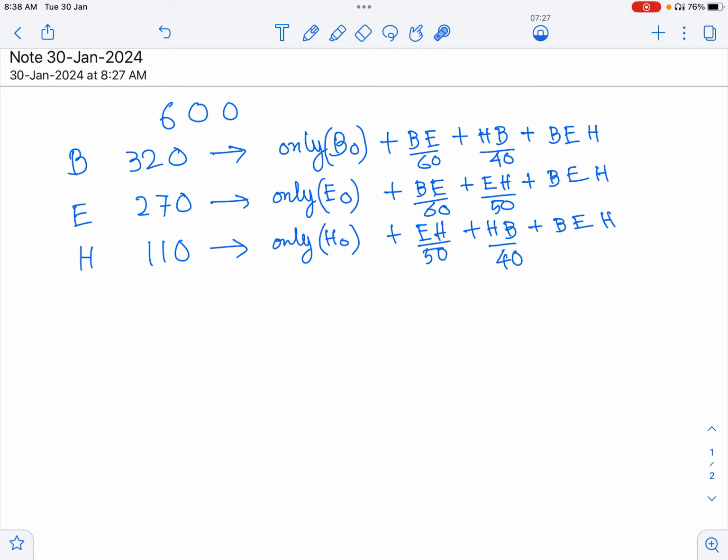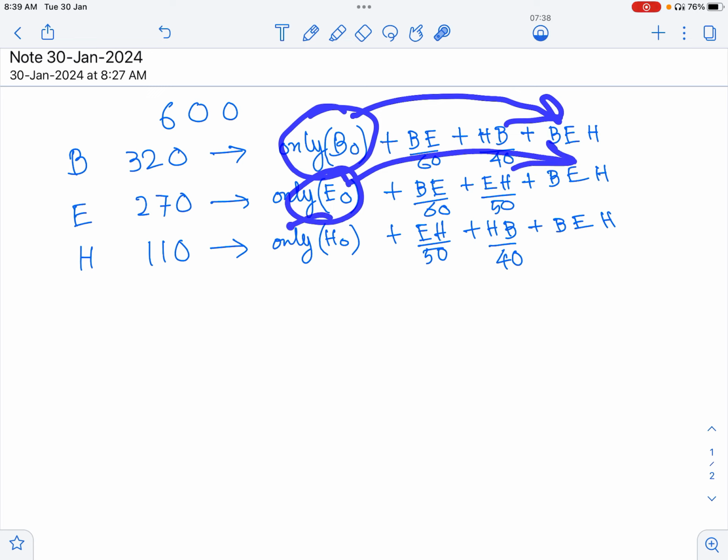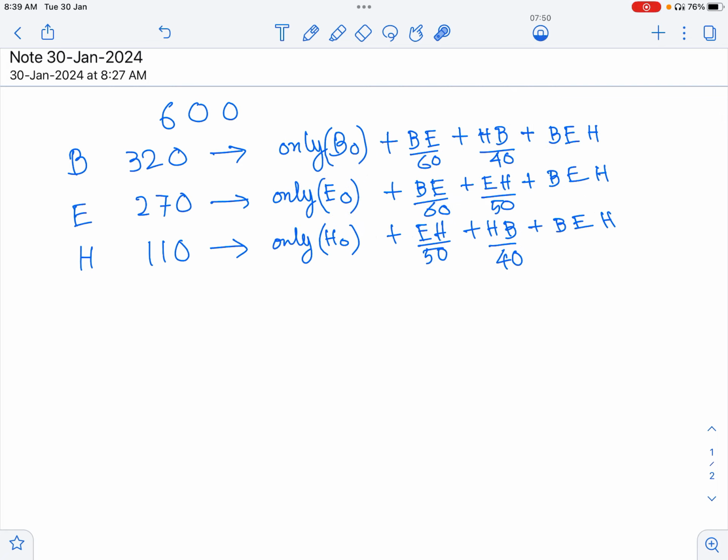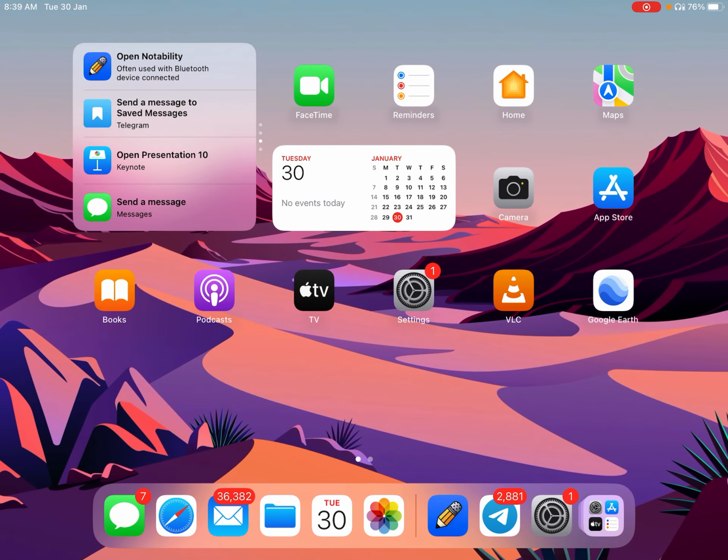If we subtract this, then we can easily find out only one language along with three languages. We can use a separate ink to realize this figure clearly.